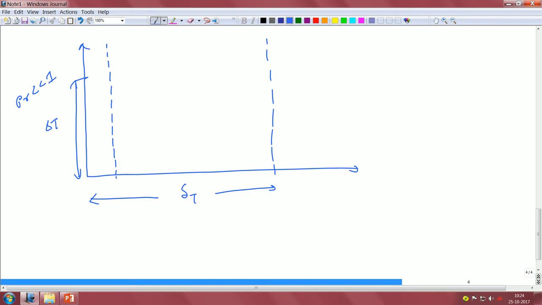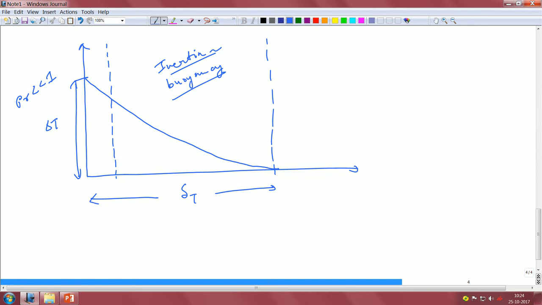So, it comes down like this, kind of like that. Got it? This is basically a balance between inertia balancing buoyancy, right. Inertia balancing buoyancy. We have not said anything about the velocity scale though.